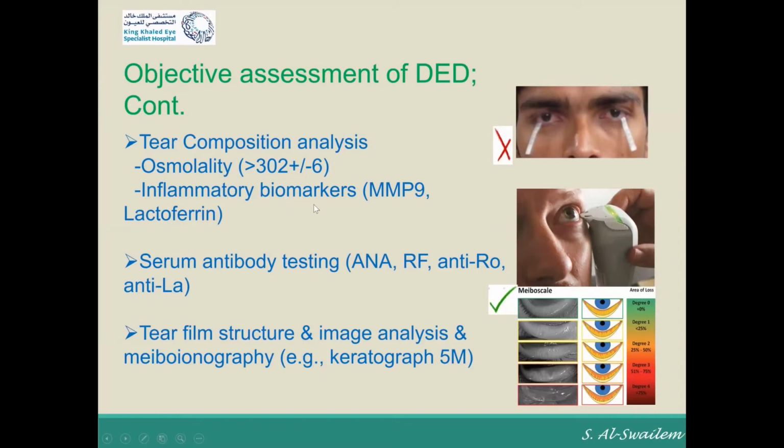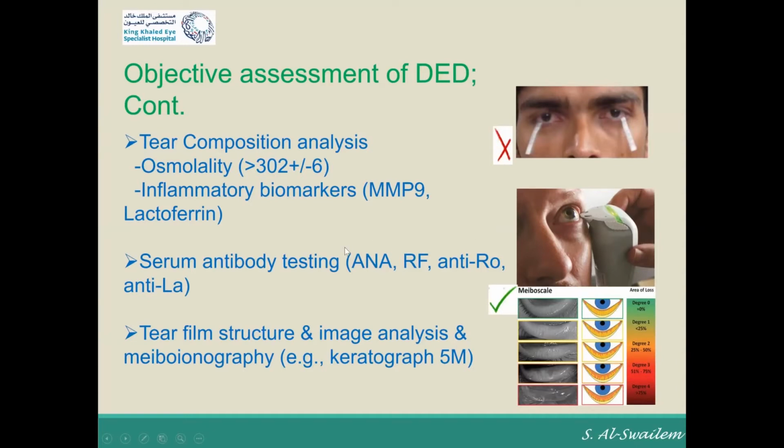If you take tear samples and check for the inflammatory biomarkers, MMP-9 and lactoferrin in particular, they will be elevated in patients with dry eye. And this is an example of how we take the tear samples and subject them to a tear osmolarity test.